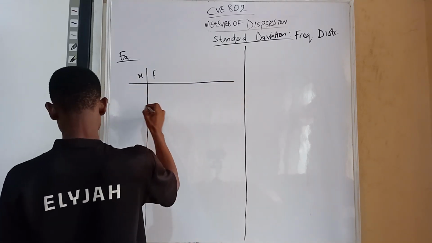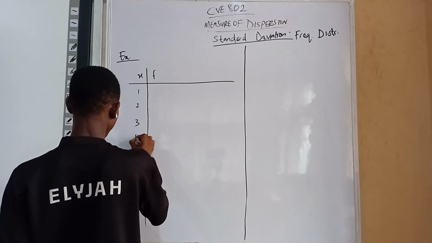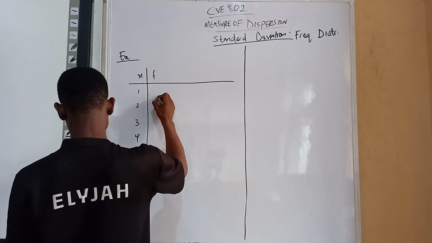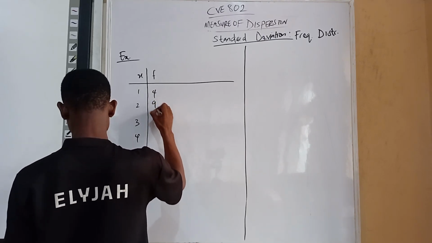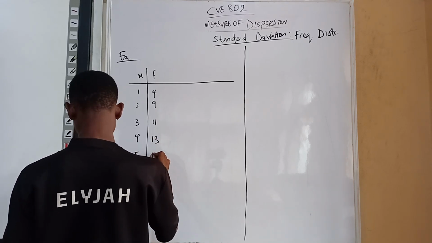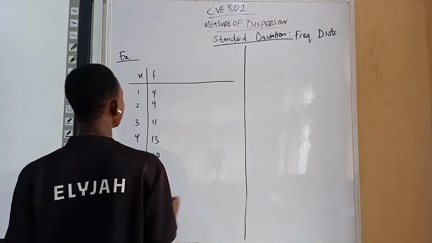So we have x from 1 to 6: 1, 2, 3, 4, 5, 6. Then how frequently they occurred is 4, 9, 11, 13, 14, 10, 10, and 3.